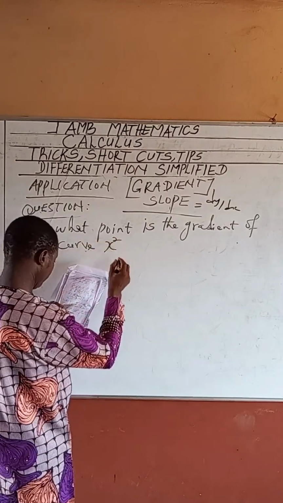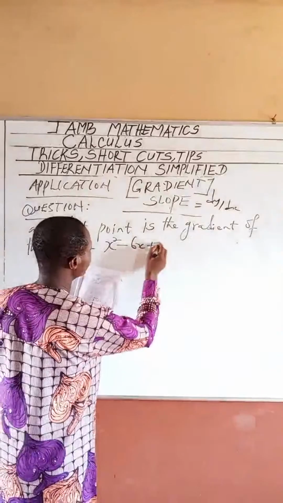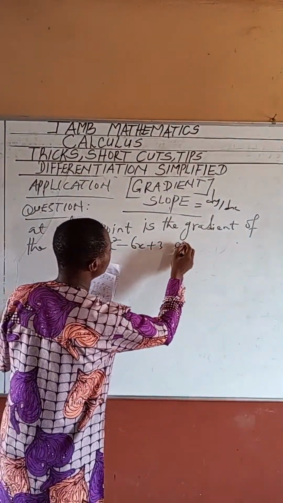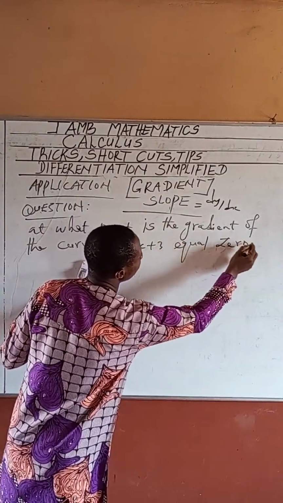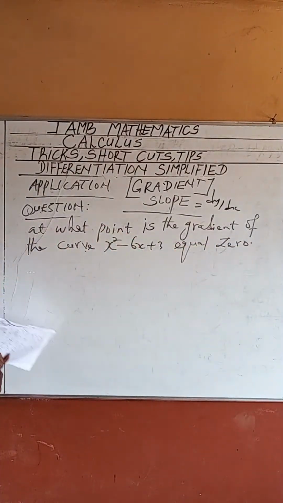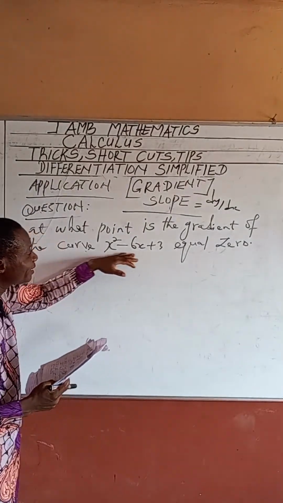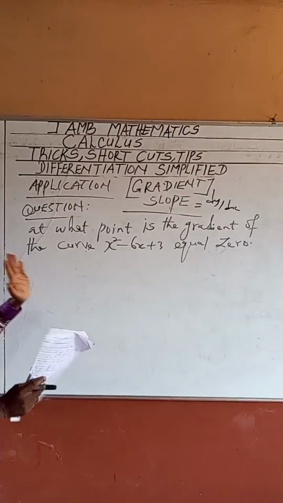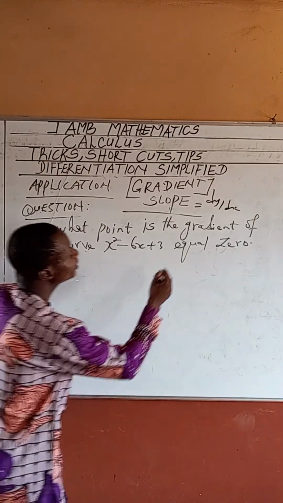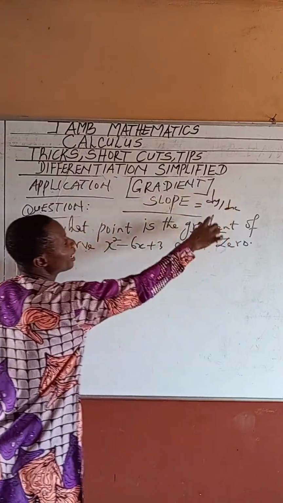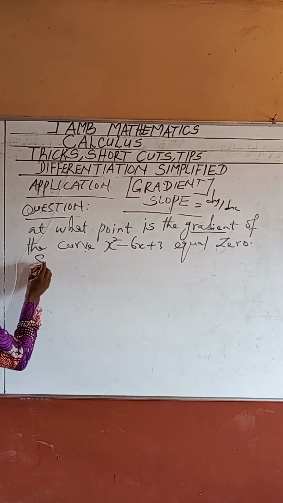X squared minus 6x plus 3. At what point is it equal to 0? That's the meaning. So at what point is the gradient of this expression equal to 0? I'm sure it is clear, right? Once you hear the word gradient, fix your mind as dy dx.